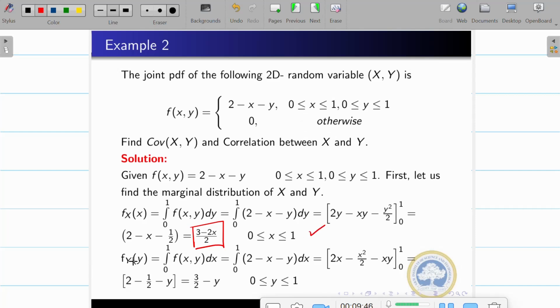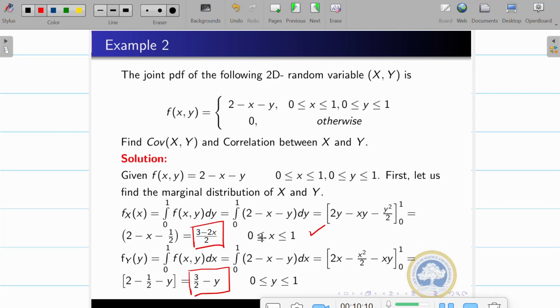Similarly, you can find the marginal distribution function of y: f_Y of y is equal to the integral from 0 to 1 of f(x, y) dx. Substitute your upper limit and lower limit and make the simplification. You'll get the function 3 by 2 minus y, with the range of y from 0 to 1, as mentioned in the question. So now we got the marginal distributions for both the variables x and y.